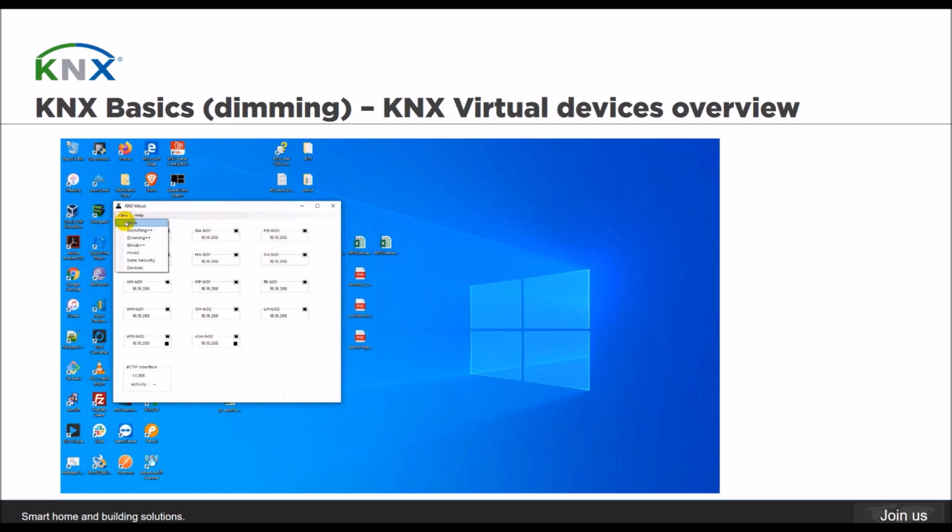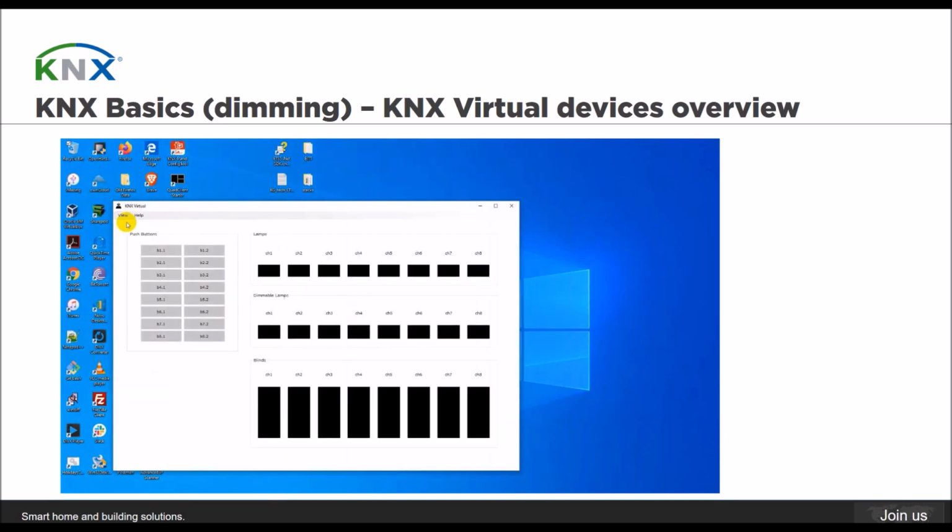In this case, if we switch to the base overview, it will be represented as a simple layout with a lot of push buttons on the left side, and each of those has two different rockers for the switch on, switch off function. And on the right side, you can see different actuators virtualized: the switching actuator for the lamps, and the dimming lamps, that is the one that we are going to see today.